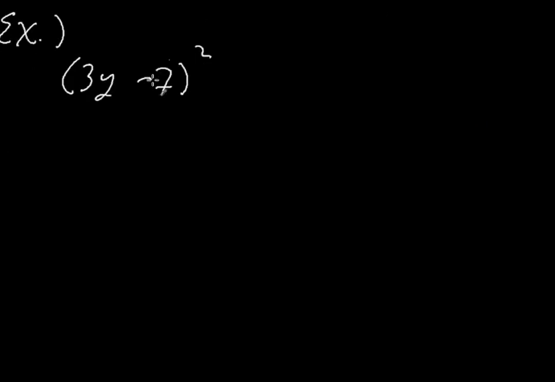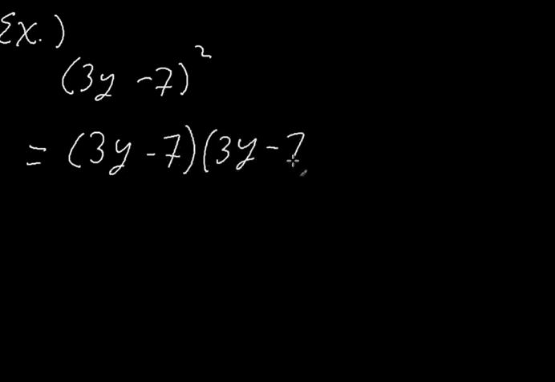Let's do another example. Quantity 3y minus 7 squared. Okay, so let's see. This by definition means 3y minus 7 times 3y minus 7. Okay, now let's distribute. 3 times 3 is 9, so this is 9y squared. 3 times negative 7 is negative 21y.